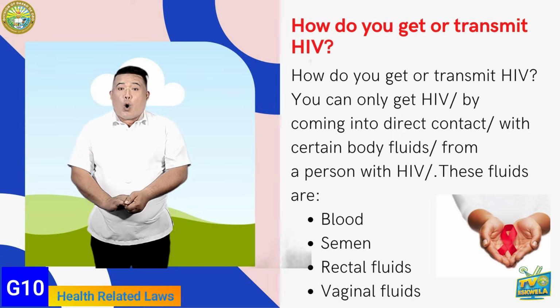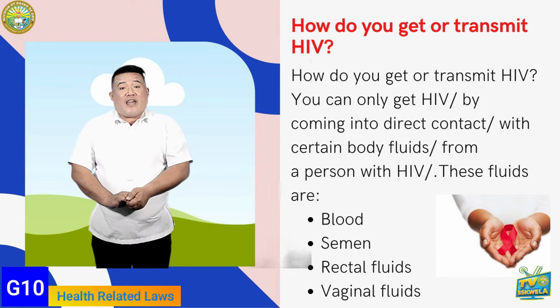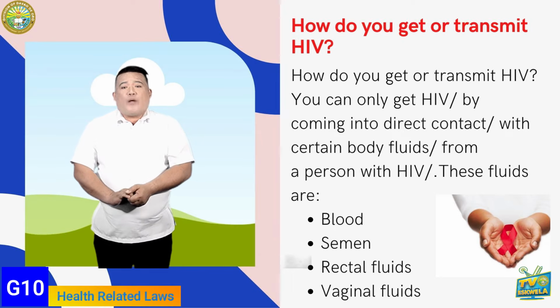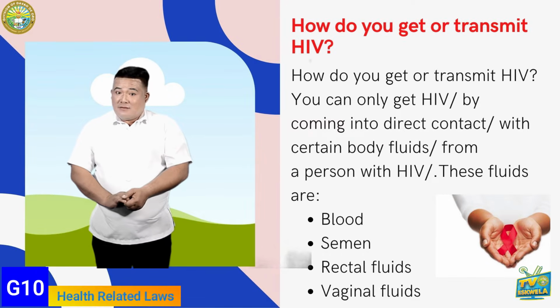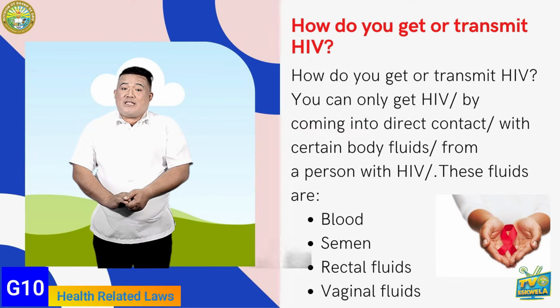How do you get or transmit HIV? You can only get HIV by coming into direct contact with certain body fluids from a person with HIV. These fluids are blood, semen, rectal fluids, vaginal fluids.